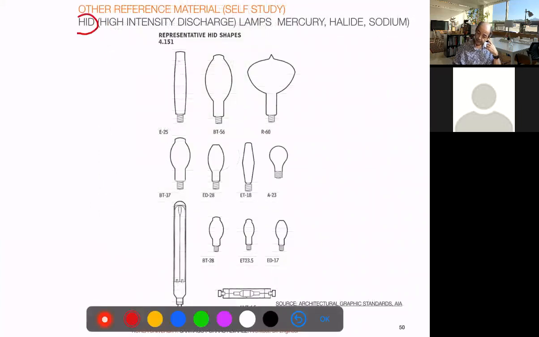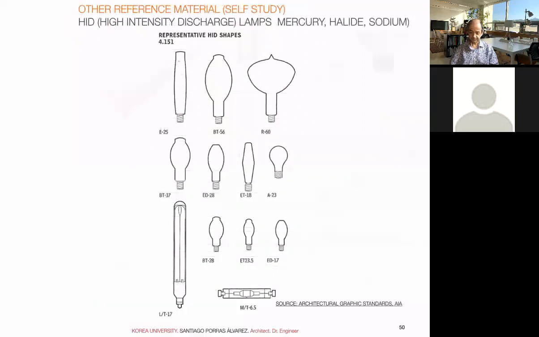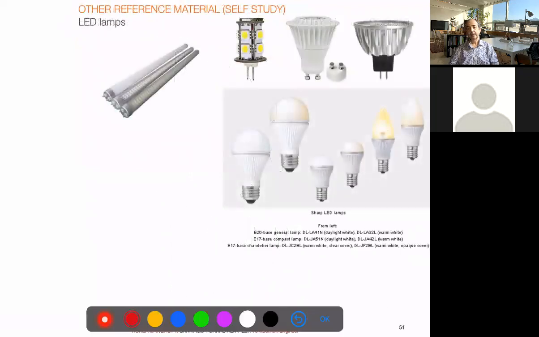The high intensity discharge lamps, the ones we see in streets, are used also in industry, warehouses, maybe airports and places where you need a high amount of light, but not really quality. LED, it's crazy because there are so many variations now that we could have a whole monograph only on LED.